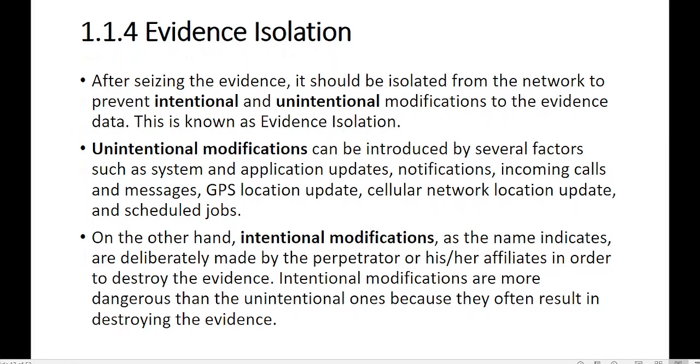And of course, our last preservation option is to do what we refer to as evidence isolation. Now, isolation is kind of separating, or rather having some segments of evidence, right? So we have two types of segments, or ways we can isolate this evidence, based on how the interaction happened or is happening. It can be intentional or unintentional.